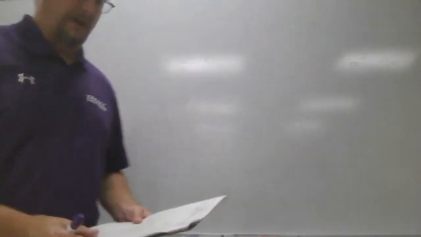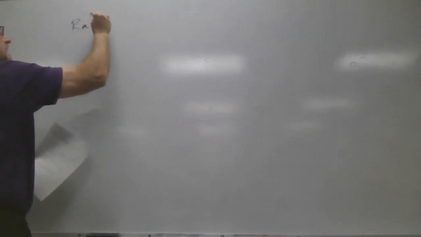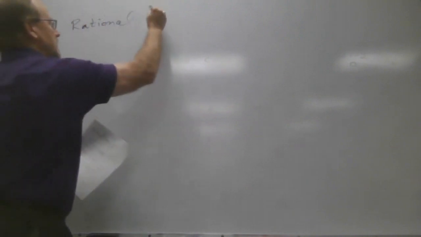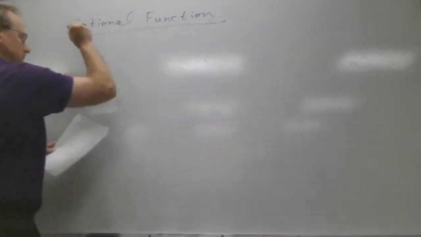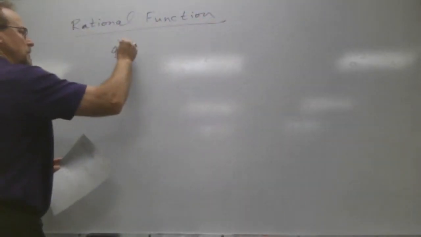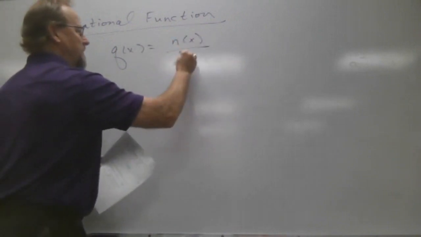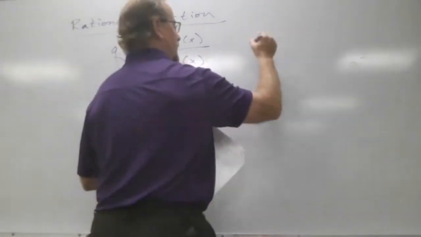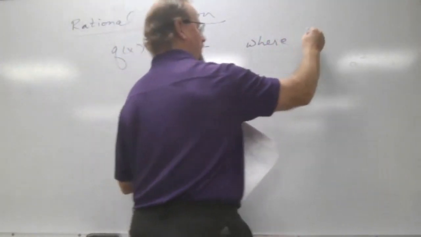And we'll go for about another 5 minutes here. So what is a rational function again? A rational function is basically q of x is going to be numerator function divided by denominator function, where n of x and d of x are polynomials.